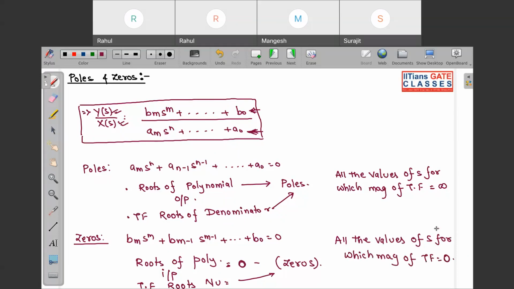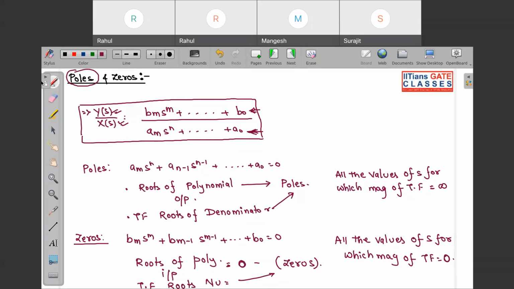Sometimes it might be asked, based on the position or location of the poles, we can define a lot of quantities in your classical control system, and even in other control systems also, like your nonlinear control system. Poles play a very important part.